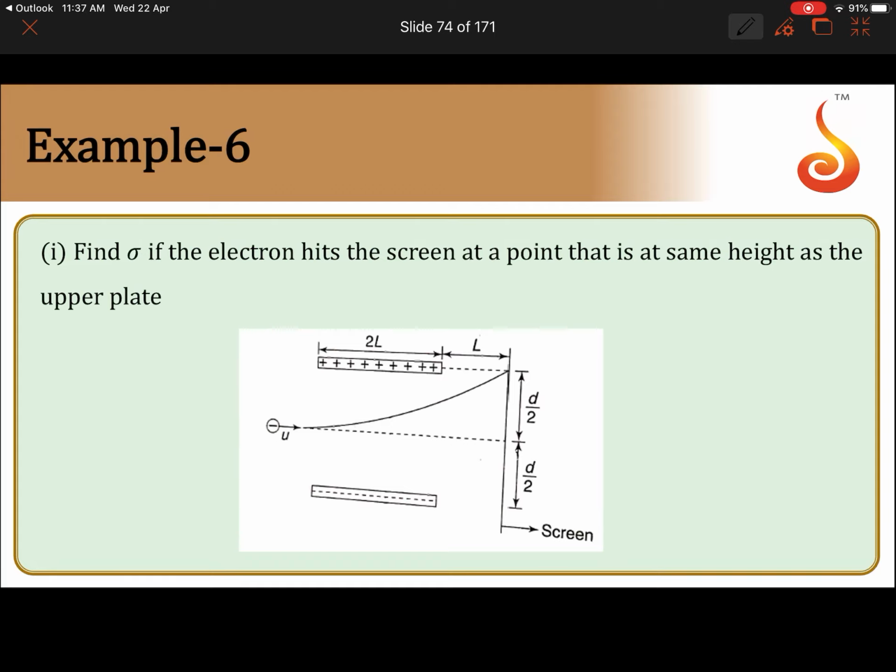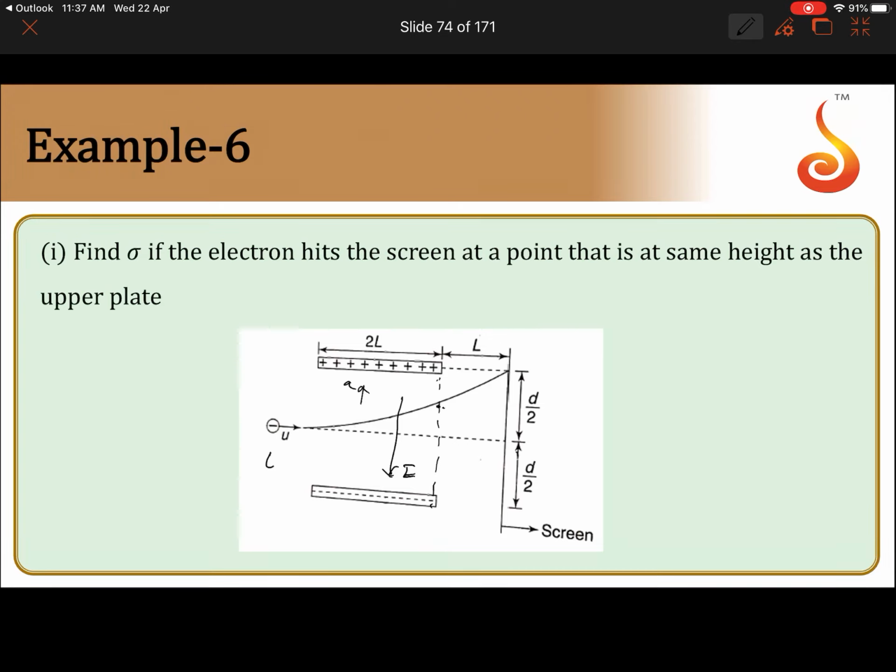So you can see that field will be in this direction, and it will accelerate the electron in this direction. This is 2l and l. So the path is this. So here the field ceases.